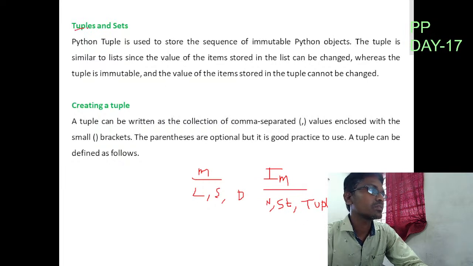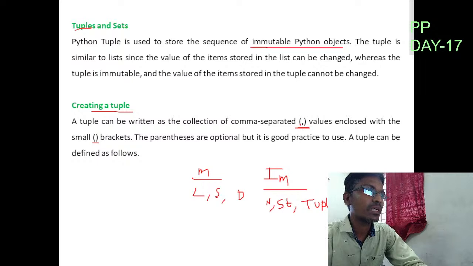So now the tuples come under immutable Python objects or immutable data types. So how to create a tuple in Python? How to represent a tuple in Python? By using open and closing parentheses. You have to use open and closing parentheses for creating a tuple in Python, and every value will be separated by a comma.